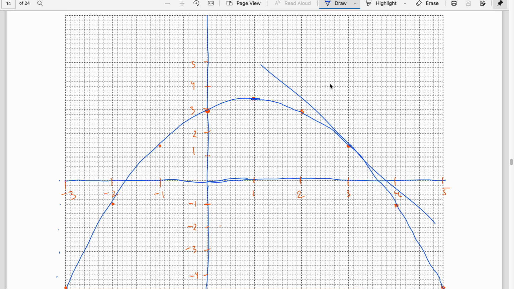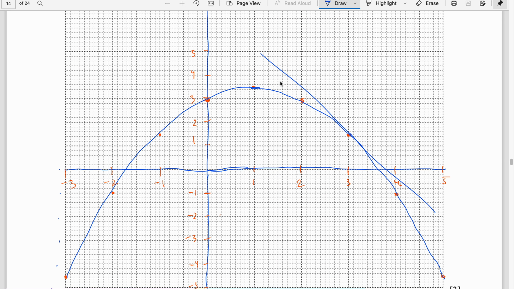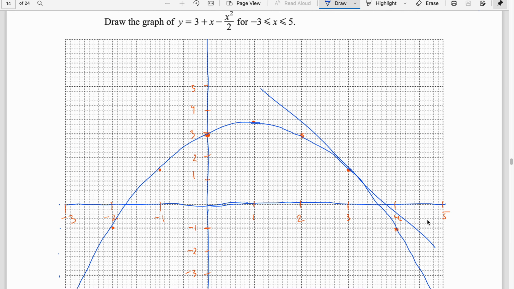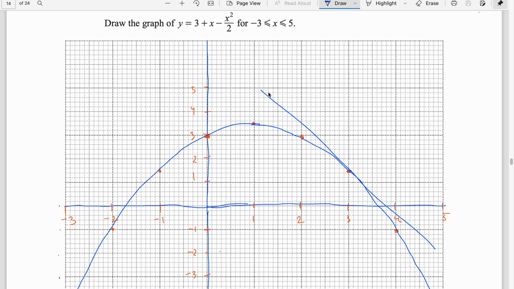And then choose 2 points from your line and find the gradient. Let's say I choose this. Let me extend this line a little more and this a little more.